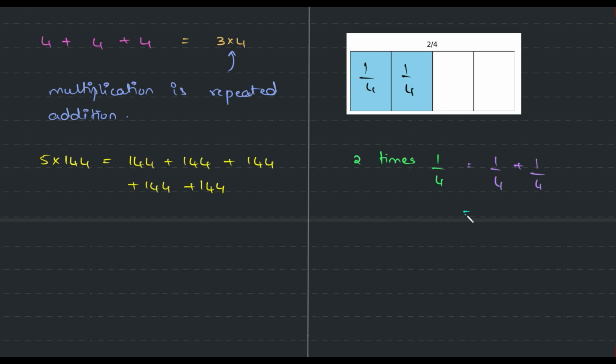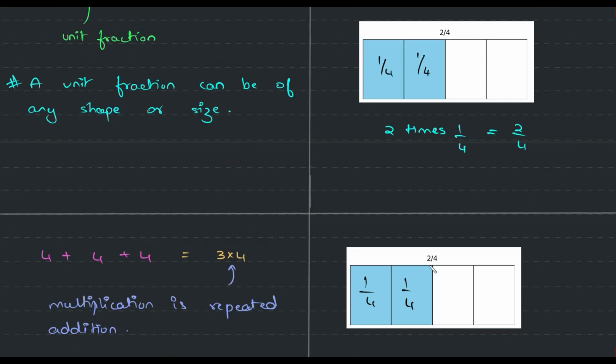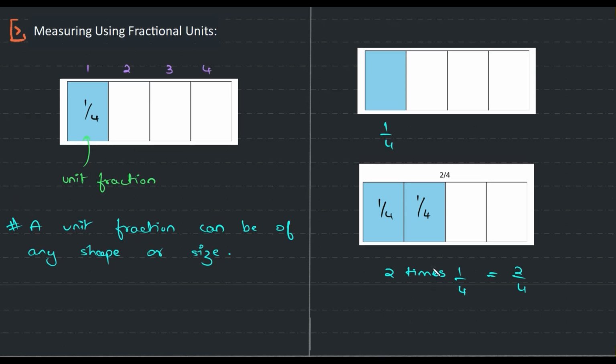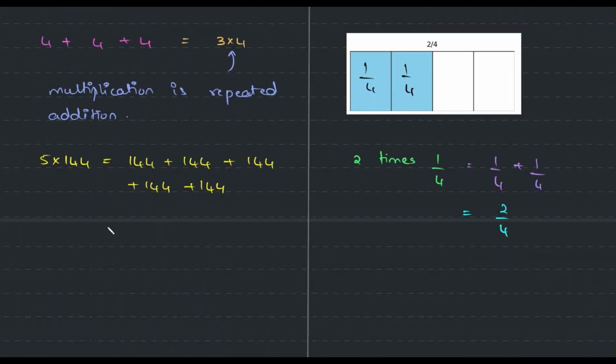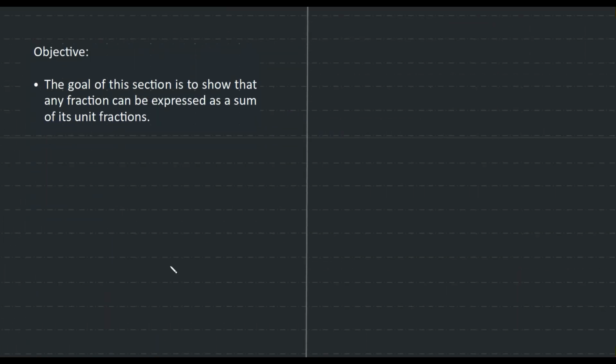And this entire thing is equal to 2 by 4. And that's why we have the heading measuring using fractional units. So basically, the objective of this section is to show that any fraction can be expressed as sum of its unit fractions.